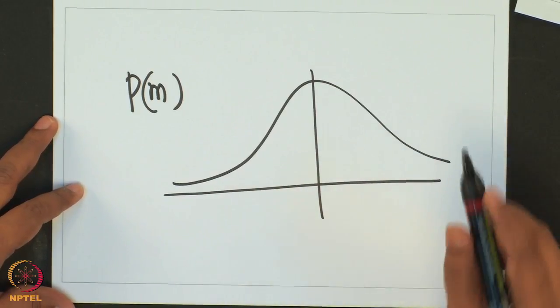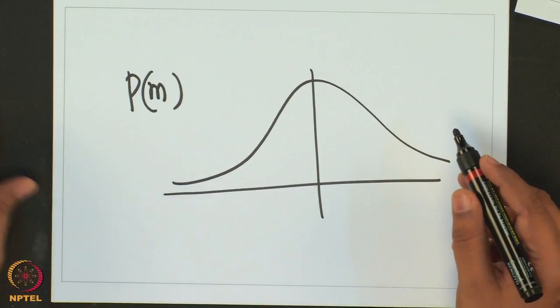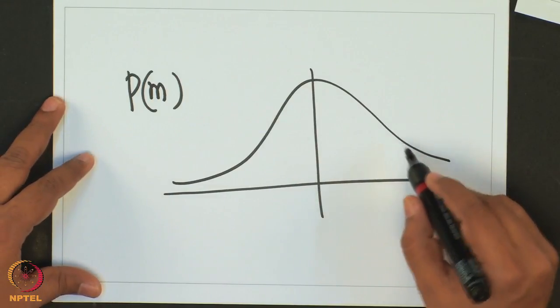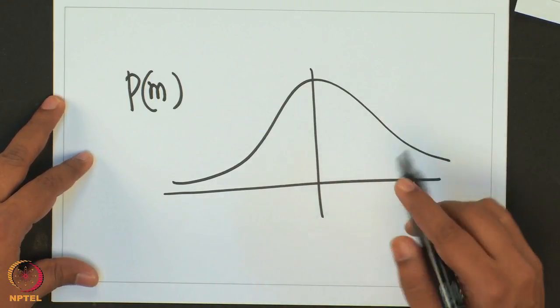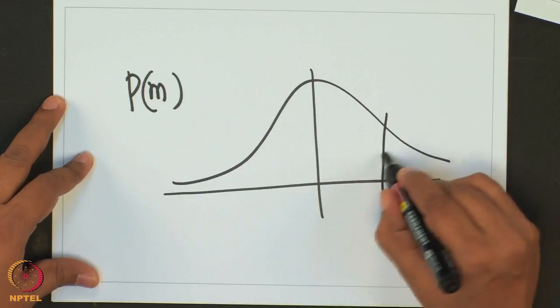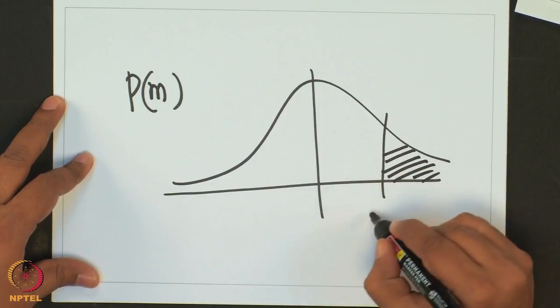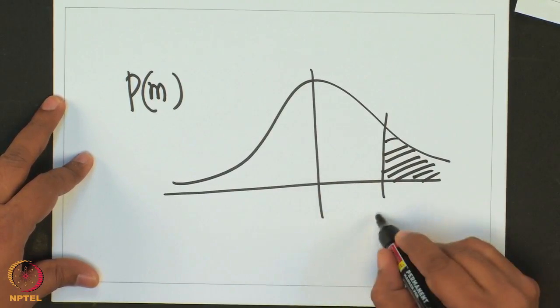So, this is the first point one should remember, that the area means the probability of values beyond this.